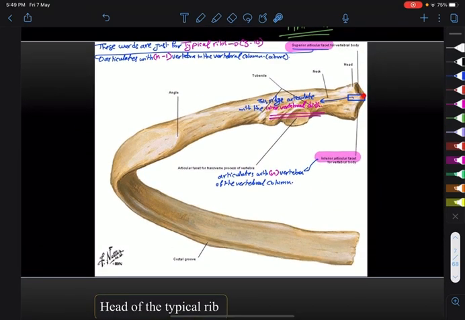The facet on top, the superior facet of this typical rib, is connected to N-1. Rib number 4 is connected to 3, N-1, which is thoracic vertebra number 3.